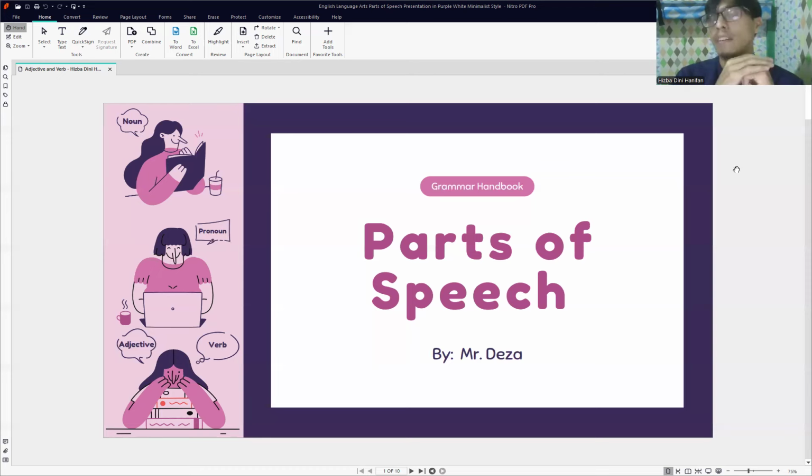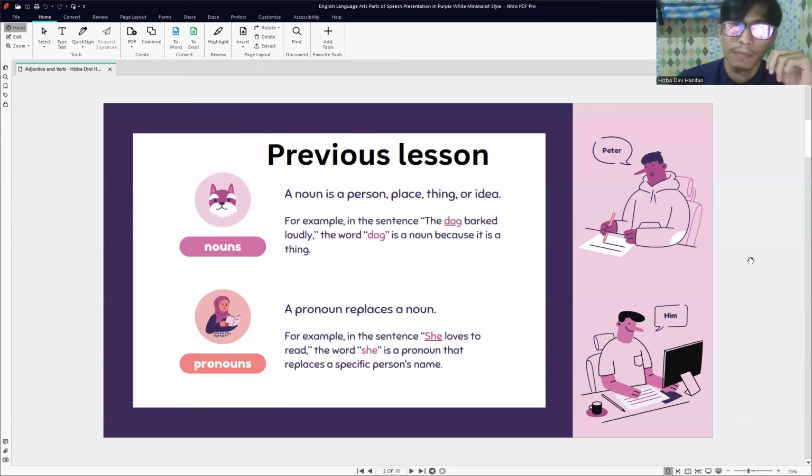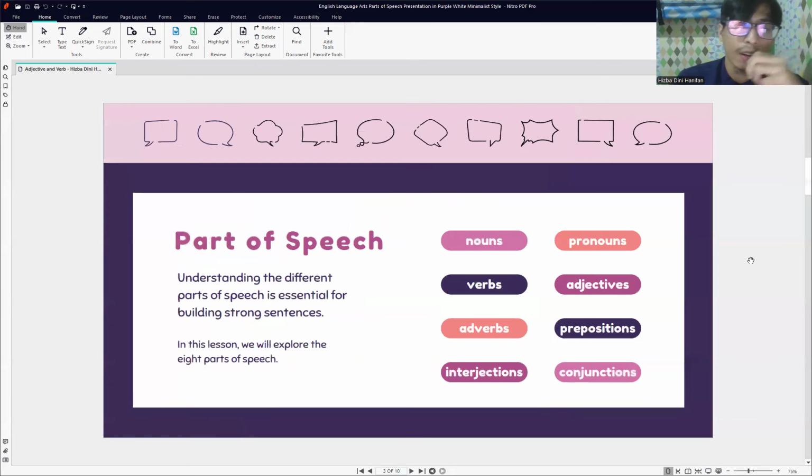Joko? Very good, it's 8. What are they? There are nouns, pronouns, verbs, adjectives, adverbs, prepositions, interjections, and last but not least, conjunctions.